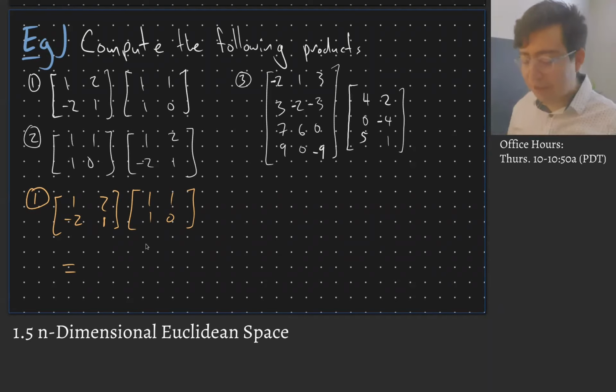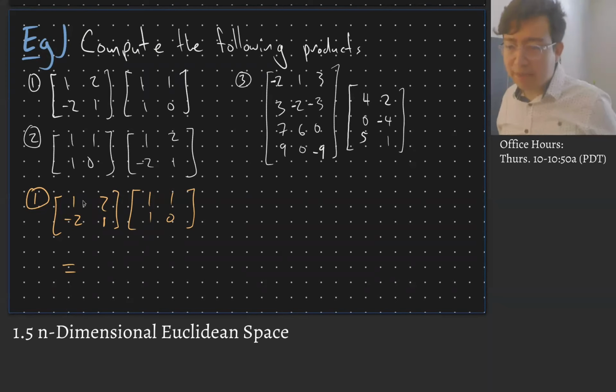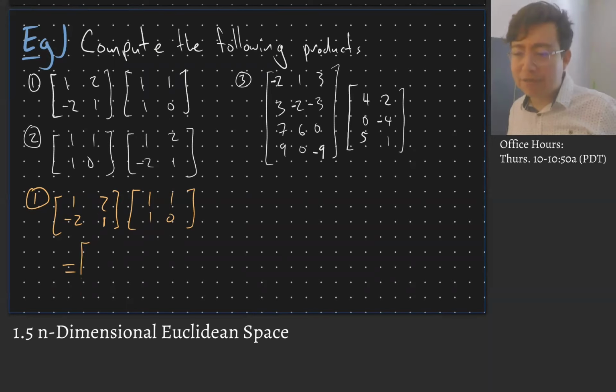The important thing is that the number of columns here matches the number of rows here. So columns matches rows, and because of that I'm able to multiply these together. And now my answer is going to be 2 by 2.